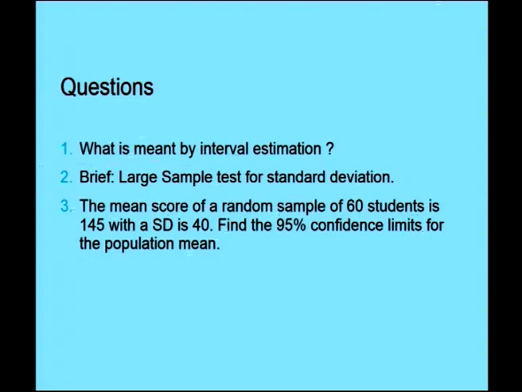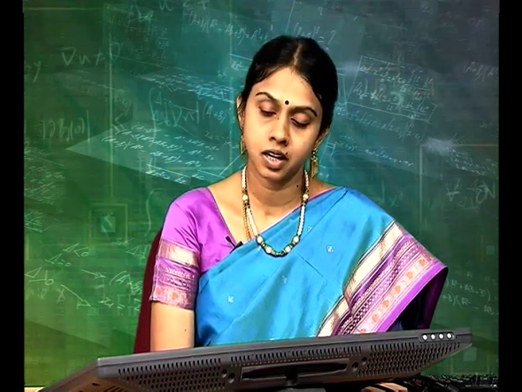Based on the discussions, the following questions can be put up: what is meant by interval estimation, and brief the large sample test for standard deviation. This question is about finding the confidence limits for the population mean. Limits, as I told you, are the end points of the interval. So, you have to find out the interval and then take out the end points separately and write them as limits.